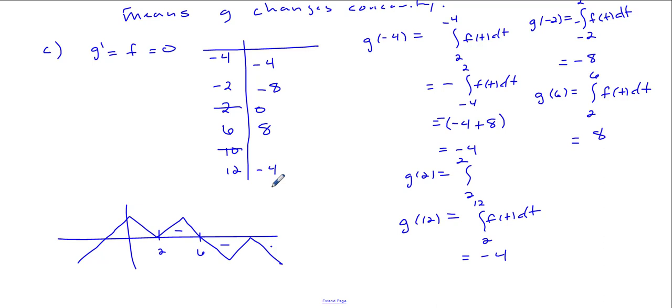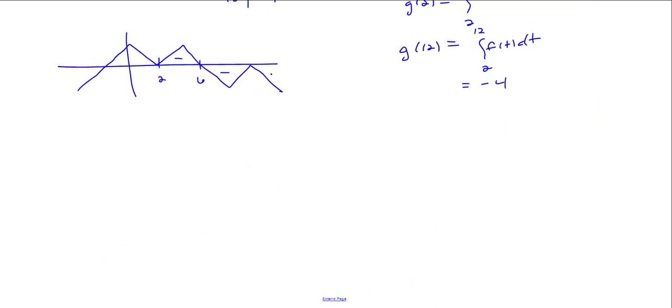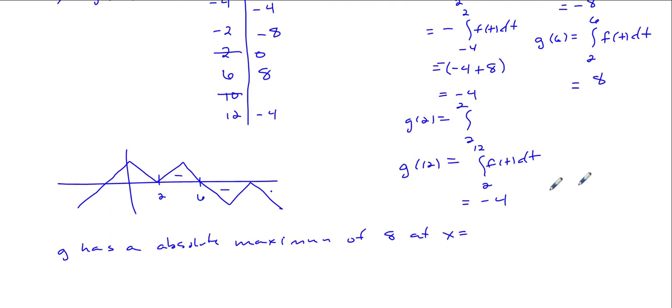We can clearly see we have a maximum of 8 at 6. We have a minimum of -8 at x equals -2. Let's just state that and be done. So G has an absolute maximum of 8 at x equals, what was it? 6.